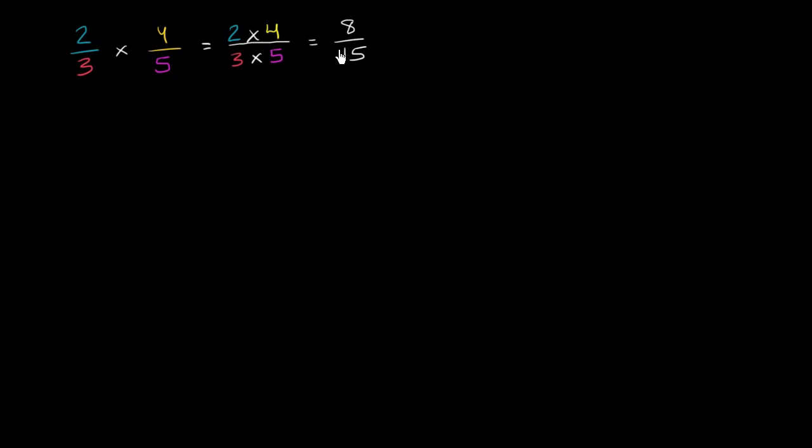It's 8/15. But why does that actually make sense? To think about it, we'll think of two ways of visualizing it. So let's draw 2/3. I'll draw it relatively big. I'm going to draw 2/3, and I'm going to take 4/5 of it.